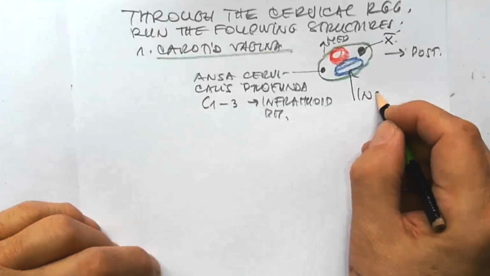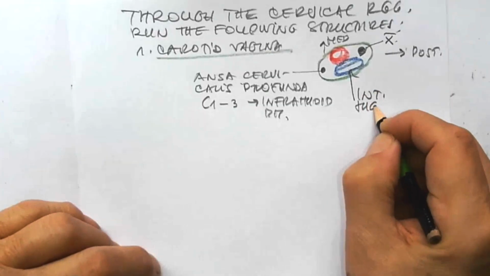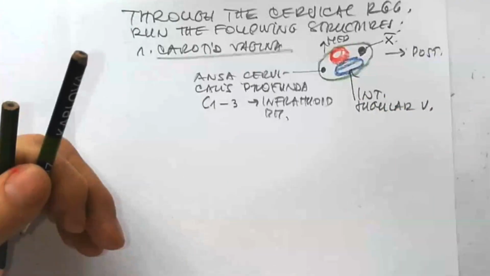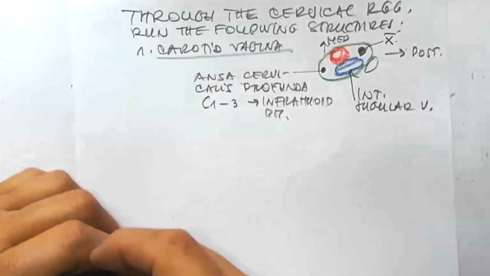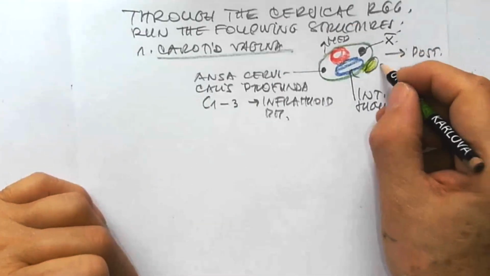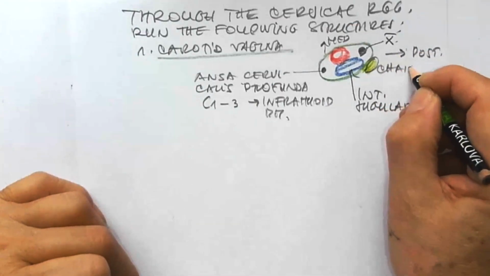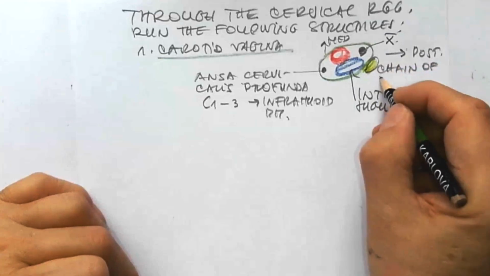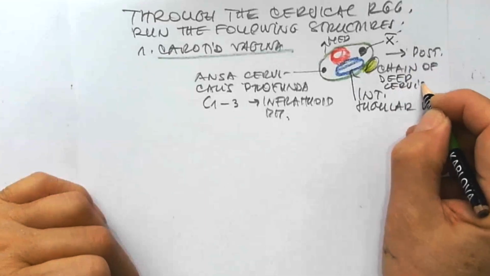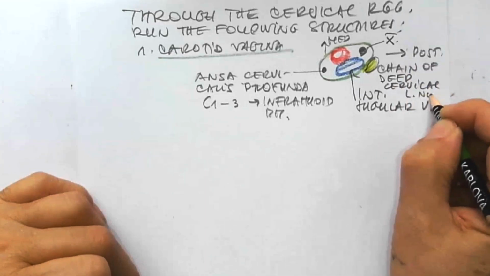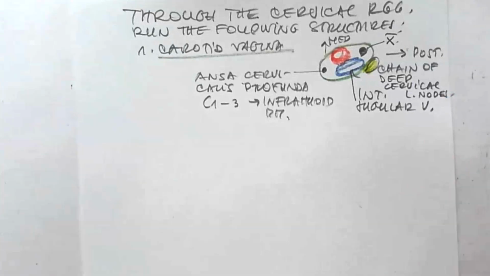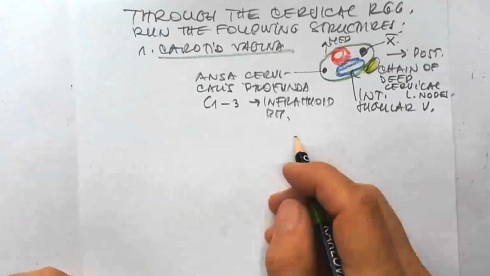Laterally is the internal jugular vein, deep vein, sorry, and dorsally, posteriorly on the surface lies the chain of the lymph nodes. We could say chain of deep cervical lymph nodes. We will see them again. So this is one structure, carotid vagina.